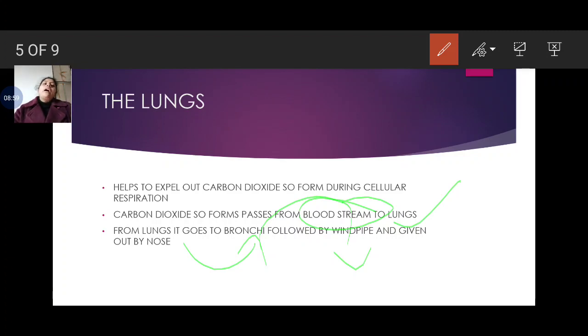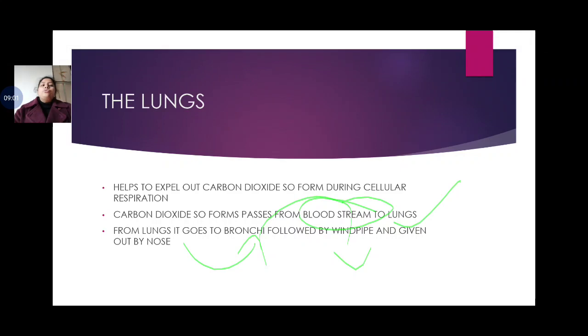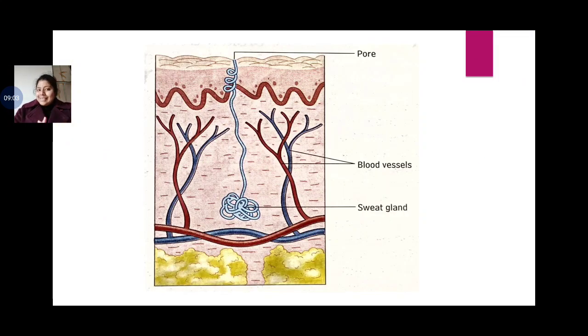Now, apart from this, let's move on to the next one. It is the skin. Skin is the foremost barrier that you can see with your eyes, that you can feel, that you have to take care of, because it not only helps in the process of excretion, students. Skin has a very major role.